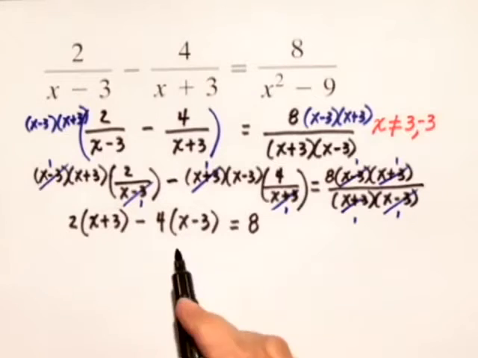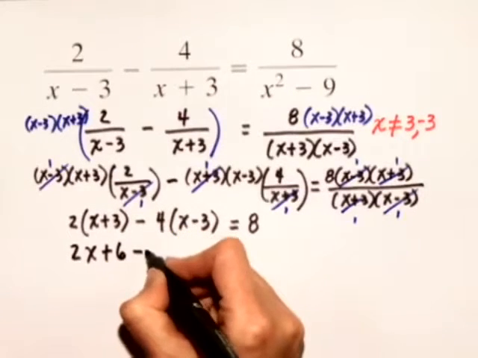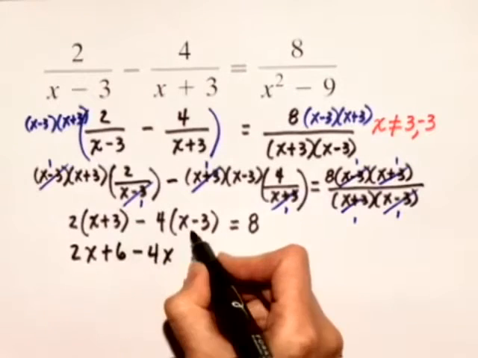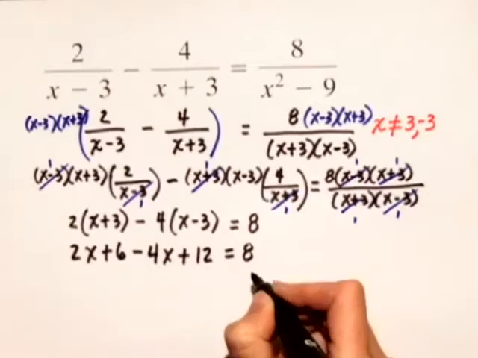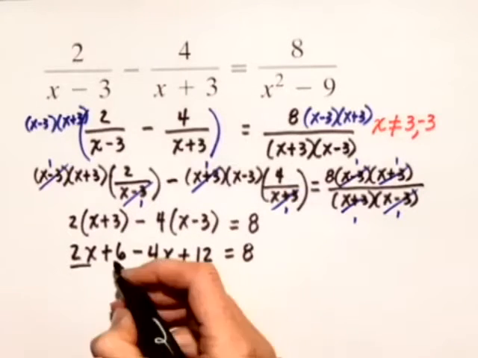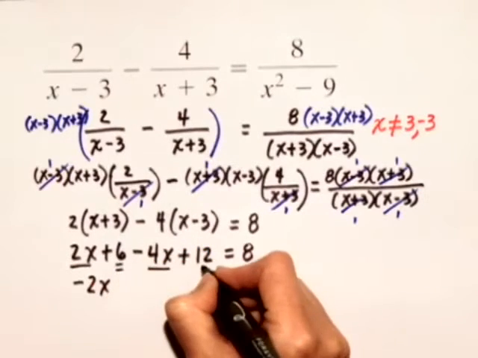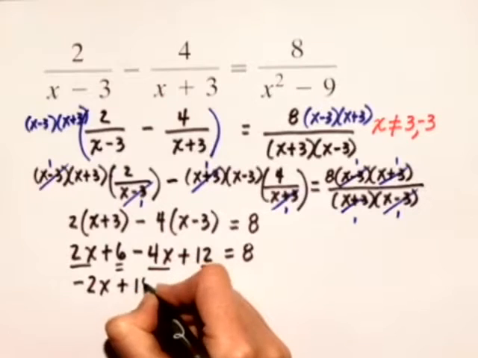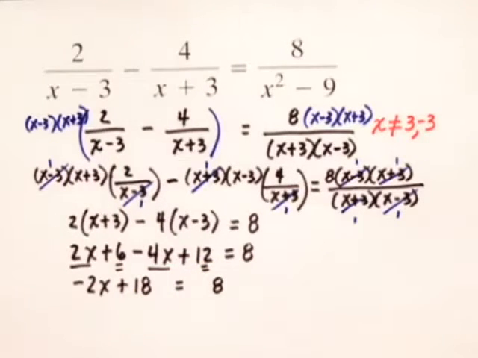Next we'll distribute. We have 2x plus 6 minus 4x, and then negative 4 times negative 3 is plus 12 equals 8. Let's combine like terms on the left-hand side. 2x minus 4x gives us negative 2x, and 6 plus 12 gives us plus 18. That's equal to 8 on the right-hand side.